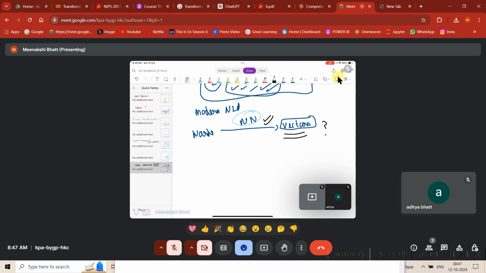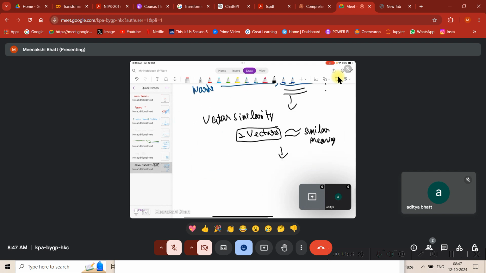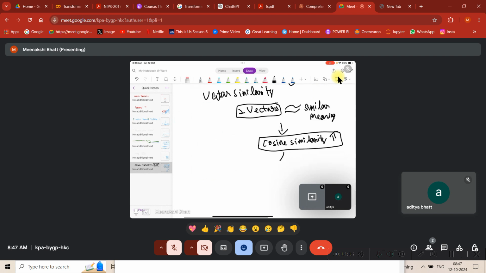The essence with vectors is that there is something known as vector similarity. If you have two vectors and they carry a similar meaning, then their cosine similarity will be large. So how is cosine similarity computed?